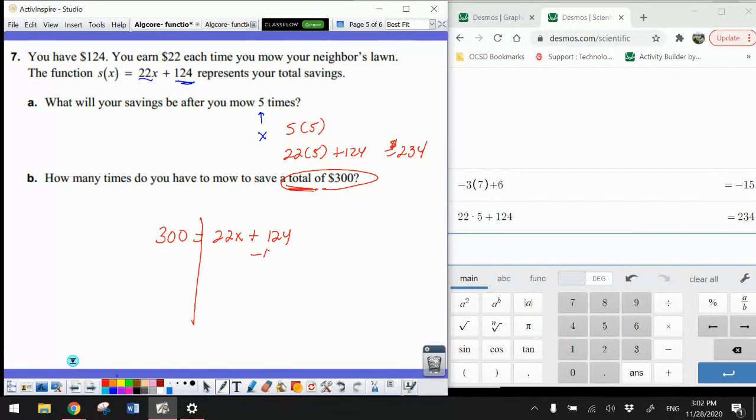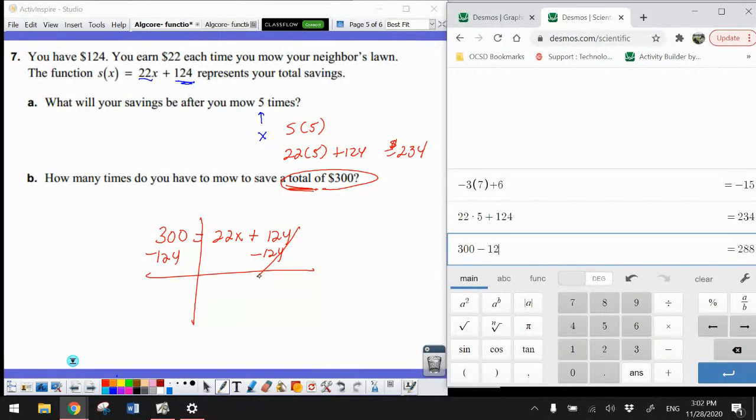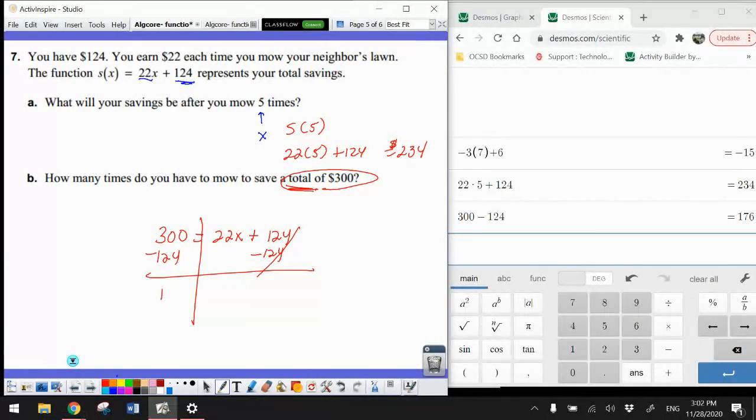And solving this, I know I'm going to subtract 124. So 300 minus 124 gives me 176. And to finish this, I'm going to divide by 22.